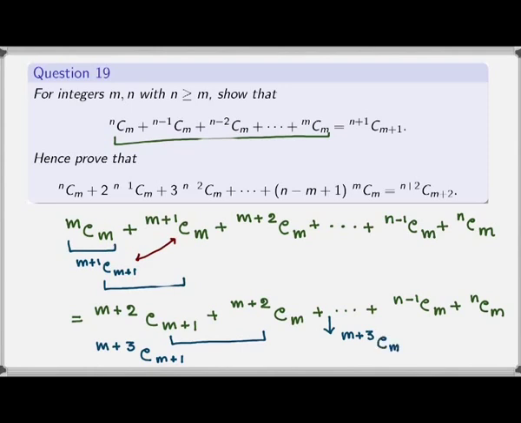So if we keep on repeating this process, we get this whole expression is equal to n minus 1 Cm plus 1 plus n minus 1 Cm plus nCm.